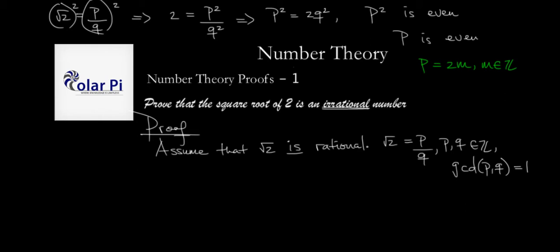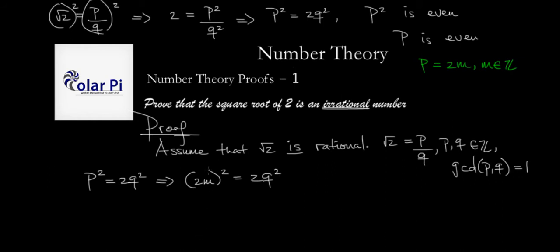But then this has consequences, because we can come back here, and since we have that p squared is equal to 2 times q squared, and we just said that p is equal to 2m, we can replace this p with 2m and write that (2m) squared is equal to 2 times q squared.